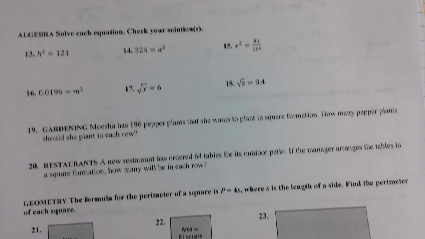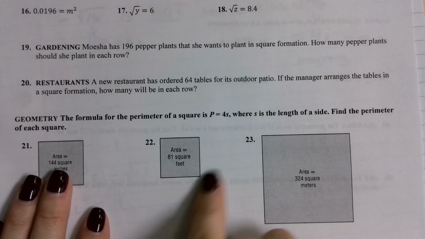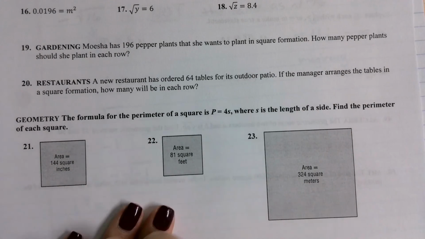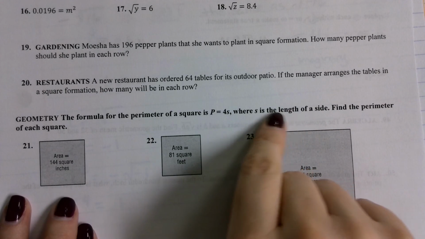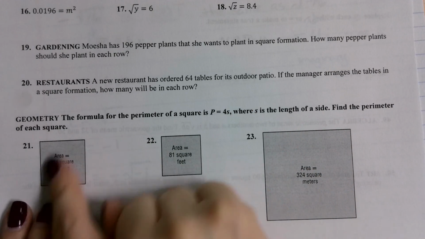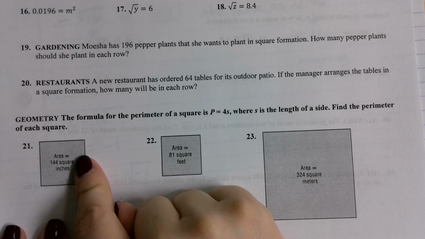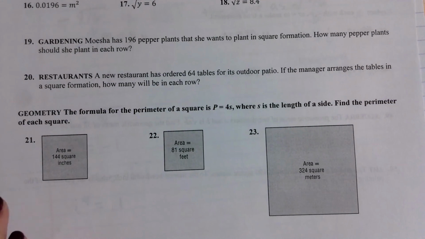Okay? Then you've got a couple of word problems. For problems 21 through 23, they're giving you the area of a square and they want to know the perimeter. So in order to find the perimeter, you need to know what the side measurement is. If you know the area of the square, how do you find the side measurement? What do you need to take? The square root.